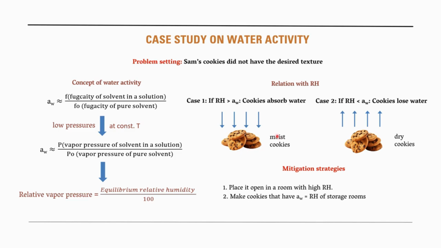So when placed in an environment with high relative humidity, there is movement of water from the region of its higher concentration, which is air, to the region of its lower concentration, which is cookies, till equilibrium is reached. Meaning, cookies tend to gain moisture from air and thus become soggy.